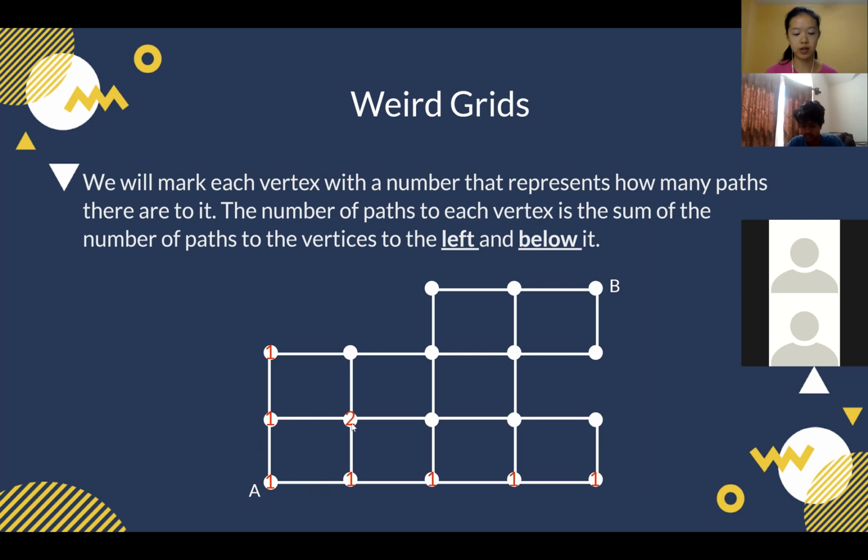So this value would be 2, because 1 plus 1. This vertex would be 1 plus 2, which is 3. This vertex here would be 2 plus 1, which is 3.